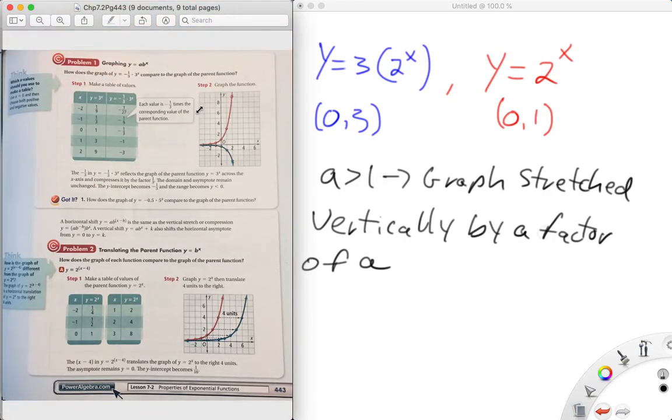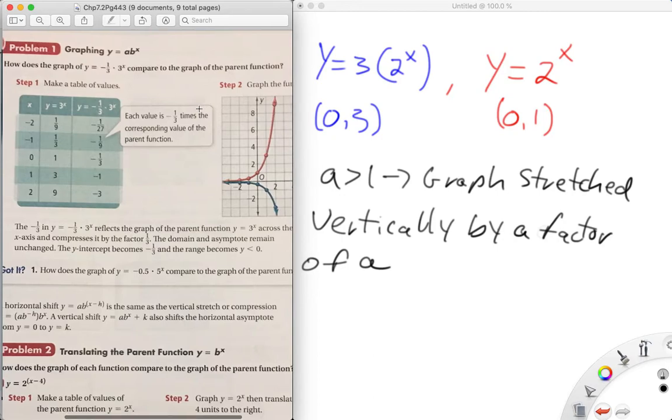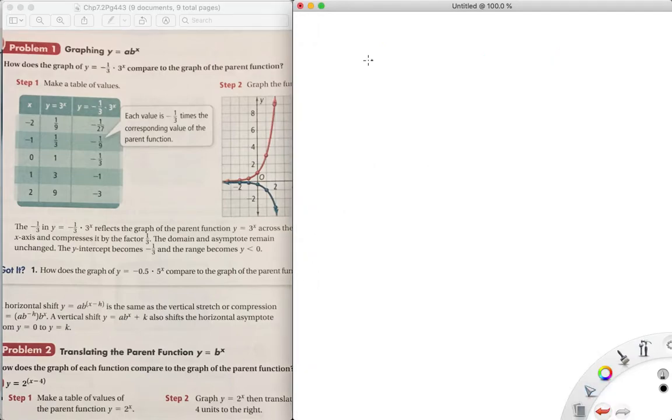The other example that they give of that is what happens when a is negative and when a is not bigger than 1. So here we have a graph of y equals negative 1/3 times 3 raised to the x.